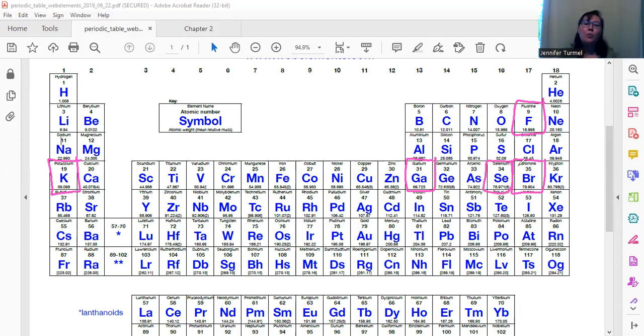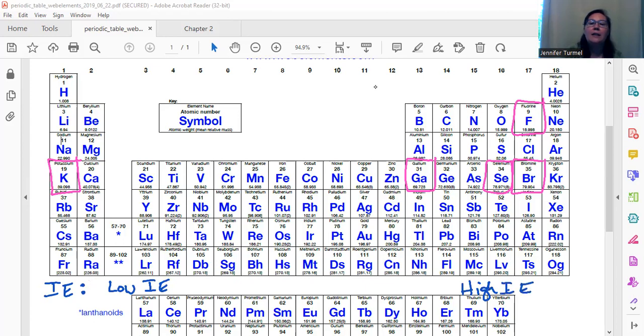So what we're going to find is in order to place increasing ionization energy here, so increasing IE, we want to have our low IE to high ionization energy.